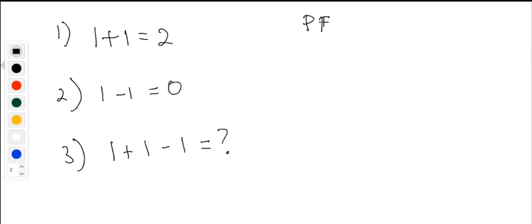Now remember, in PEMDAS, we can interchange addition and subtraction. So subtraction can come first or addition can come first, but these will be the last thing that has to be done. These things are high priority. These things are first class.